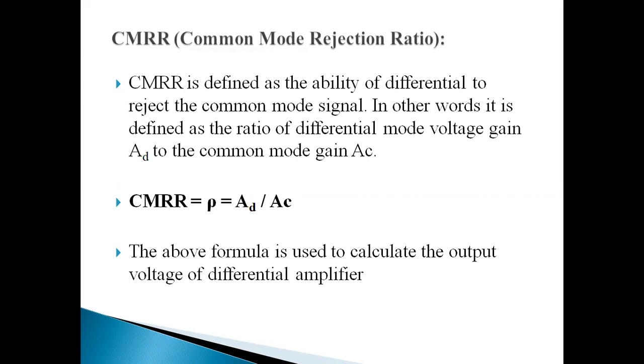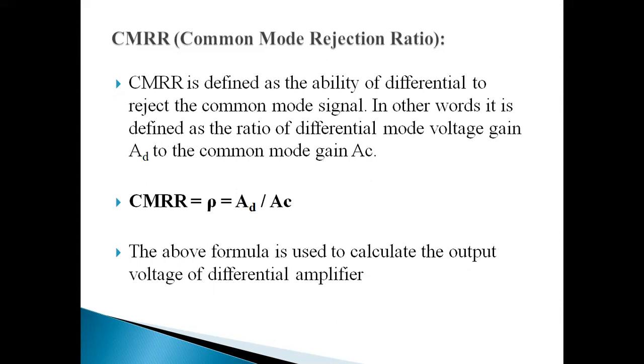So by the value of CMRR, we will know how much the differential amplifier can amplify the difference of those two input signals. Normally, the differential amplifier should amplify the difference of those two signals only, and it rejects the common signals.